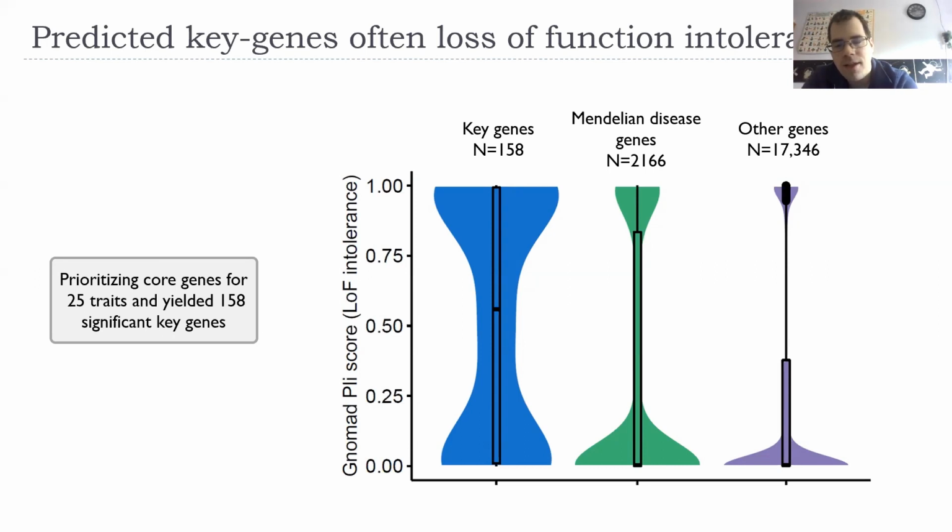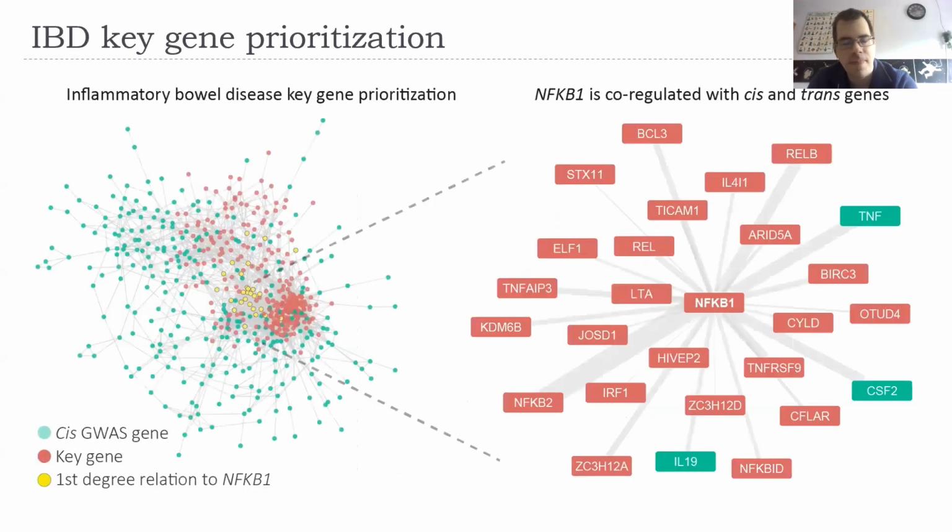And what we then see is that a very large chunk of our predicted key genes are completely intolerant for loss of function alleles, even more so than what you would see if you would just look at Mendelian disease genes, and again much more than, of course, a background set of all the other genes. Indicating that these genes are very important in your biological functions and are conserved by evolution.